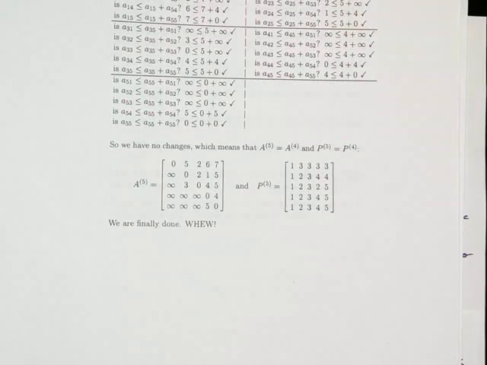It's got weight 4. How do I get there? Row 3, column 4. No, I got to go 2. Row 2, column 4. Okay, so I go 3 to 2 to 4. I keep going until I land at the place I want to end.